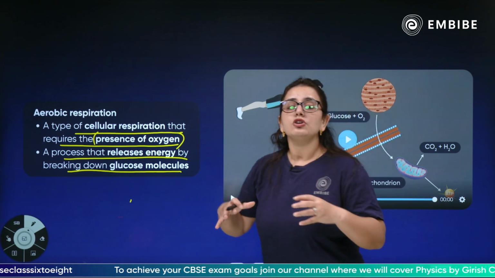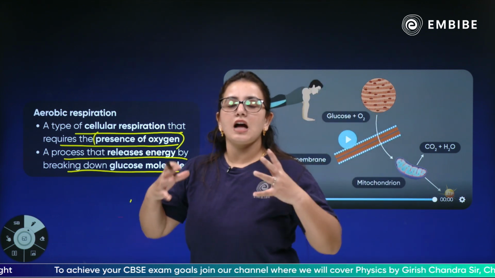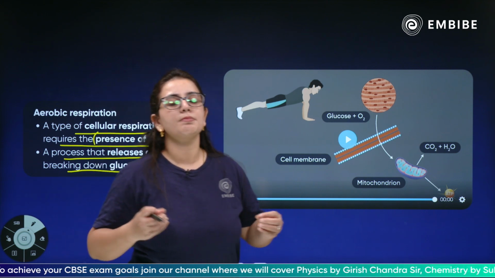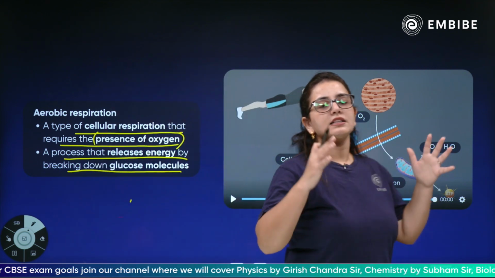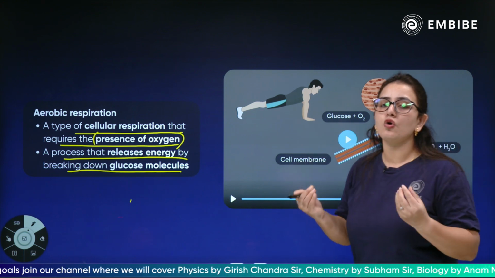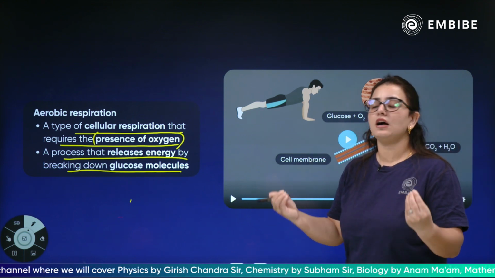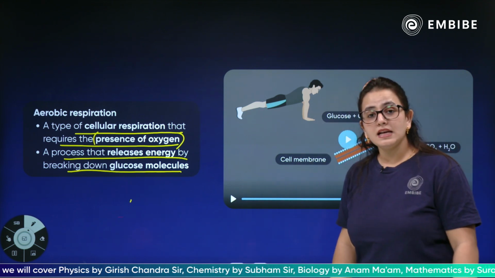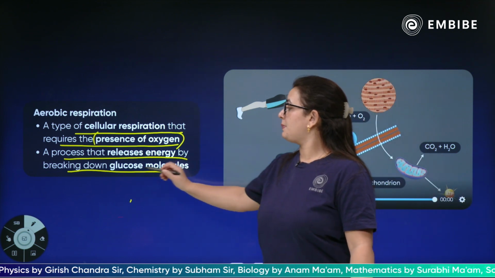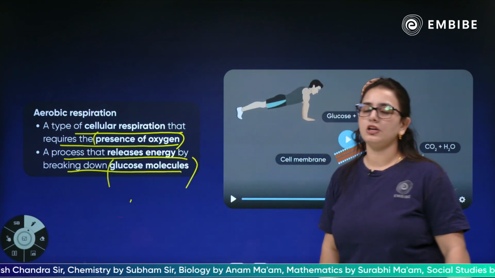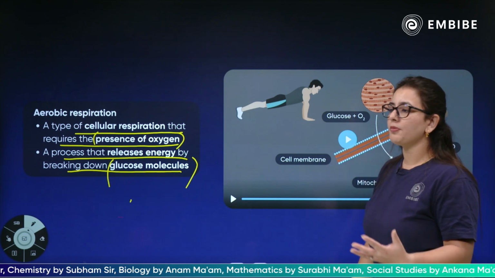How? There is glucose, a carbohydrate, in your body that is metabolized first and the energy is released. Glucose is what? A carbohydrate, and the energy is released by breaking down the glucose molecule.